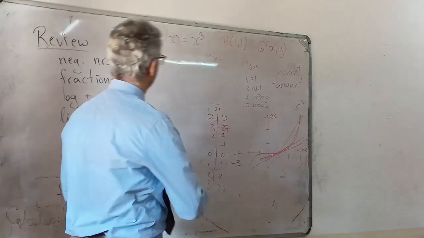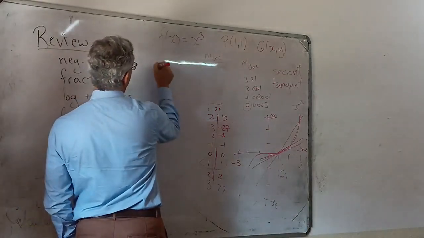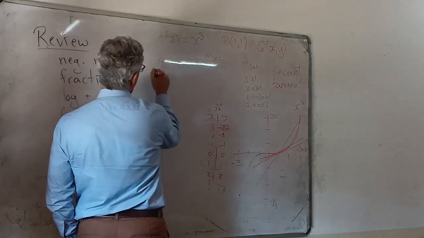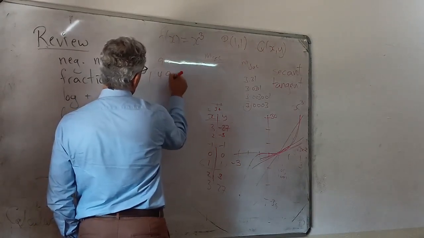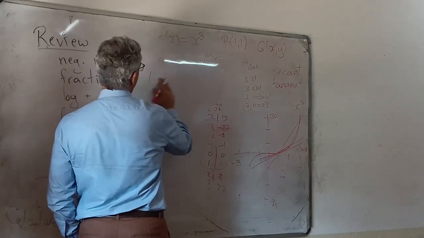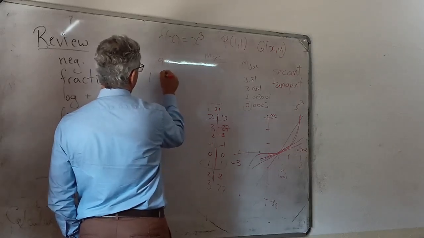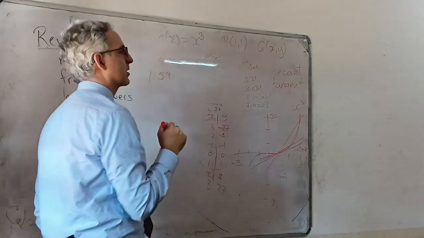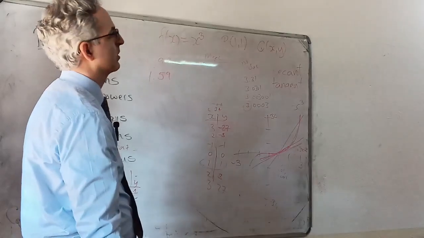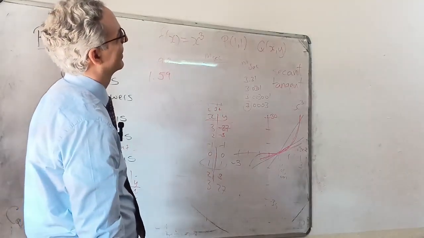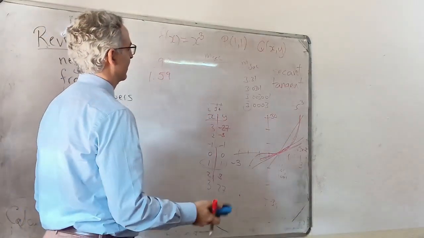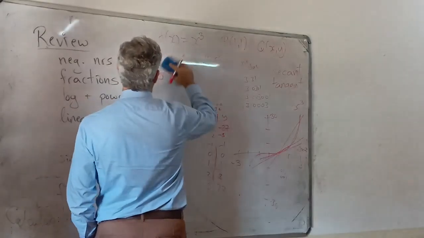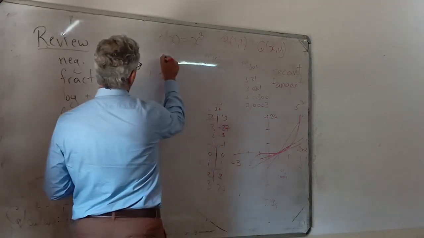If I say 1.99, 1.49, 1.59. Okay, what am I doing? How do I get this? 1.59, 1.50.